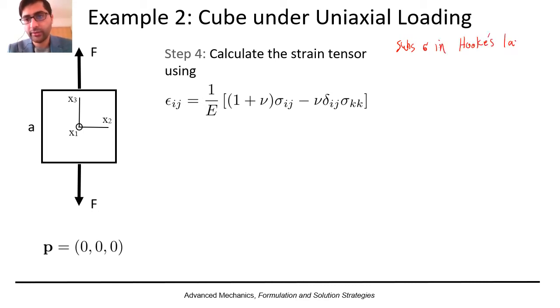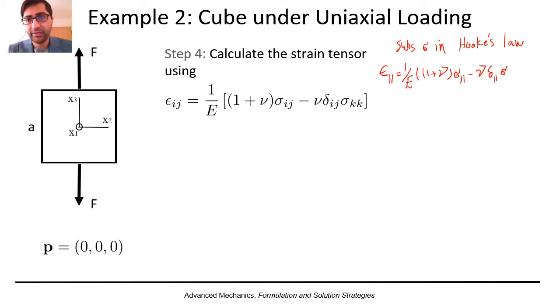The fourth step is calculating a strain tensor using Hooke's law. Here we have Hooke's law in engineering form, and we just need to substitute sigma in Hooke's law to find the strains. Let's do it for epsilon 1, 1. It becomes 1 divided by E multiplied by 1 plus nu, sigma 1, 1 minus nu, delta 1, 1 times sigma kk, so it's basically a summation index.